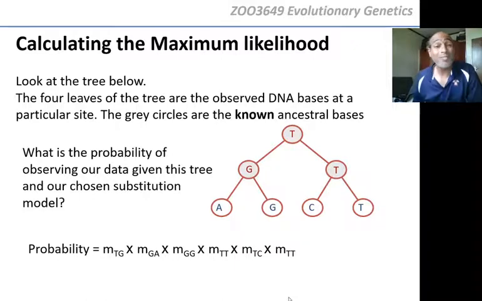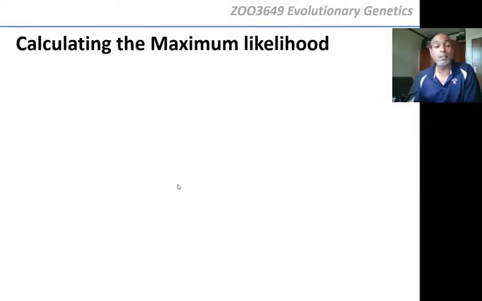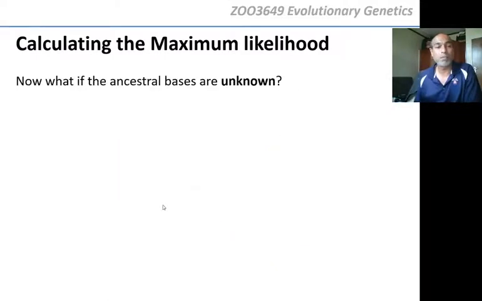Okay? And that's all it is. That's how easy it is to work out the maximum likelihood. You basically work out the probability of change of every single step in the tree, and you multiply them by each other. And then the sum of all of that is the maximum likelihood.